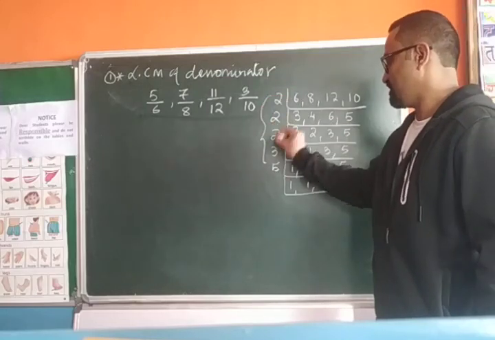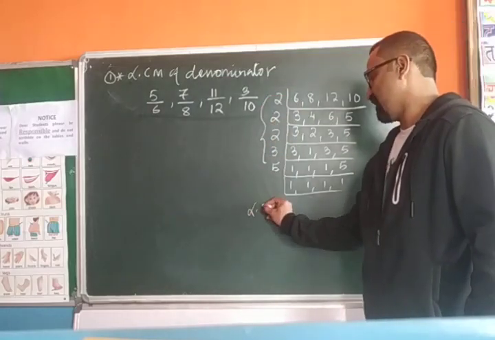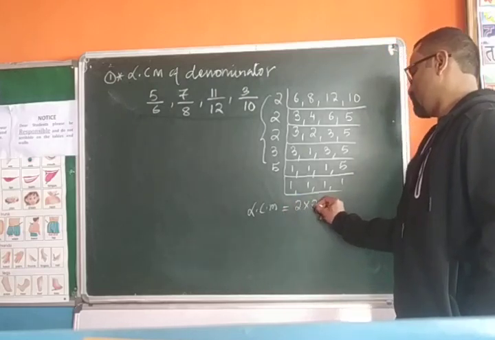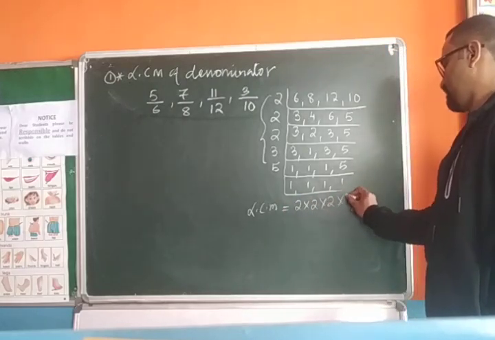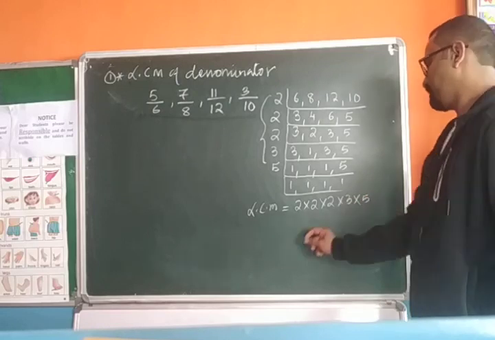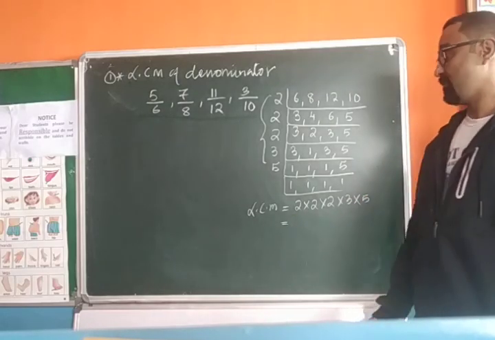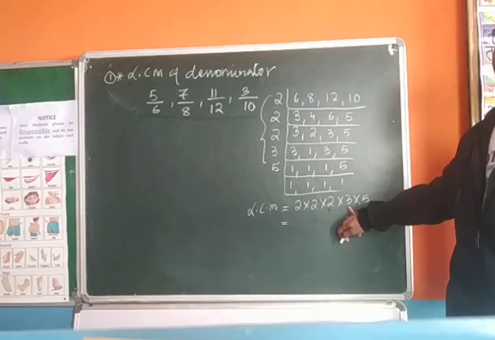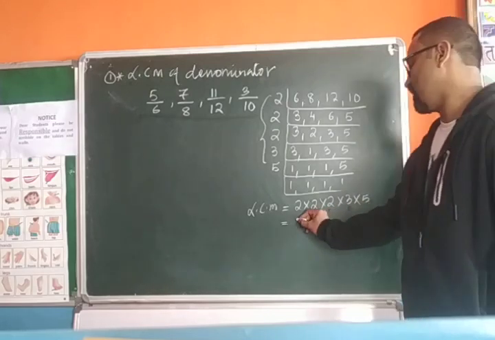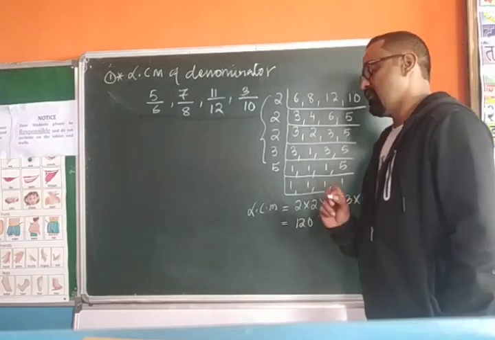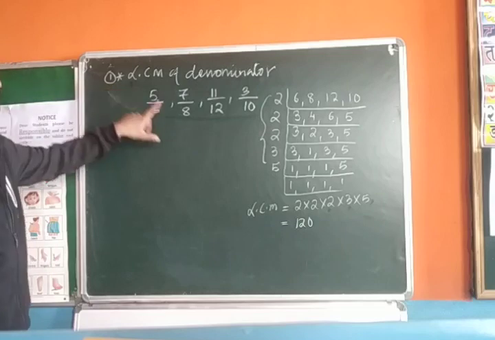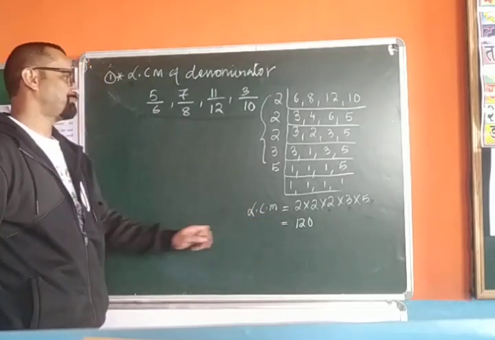Multiply these numbers to get LCM. 2, 2, 2, 3, and 5. If you do the multiplication, 2, 2, 2 is 8, 8 into 3 is 24, 24 into 5 is 120. LCM of denominators we got 120.